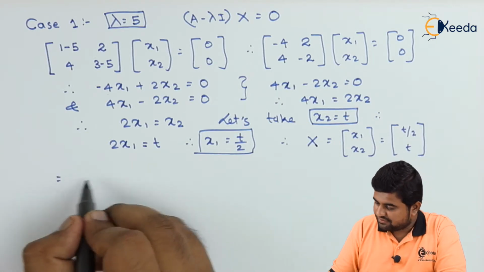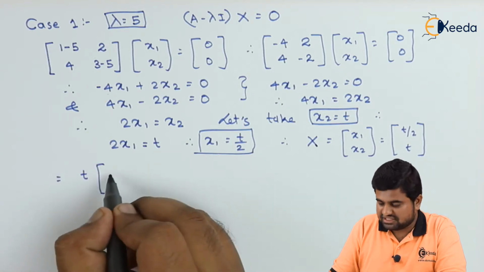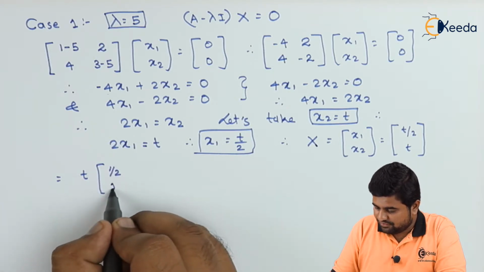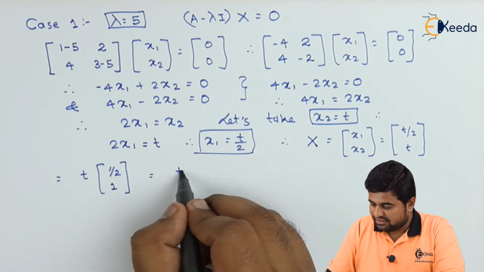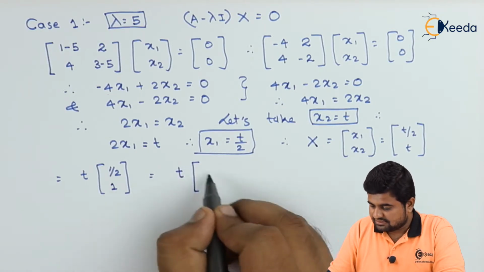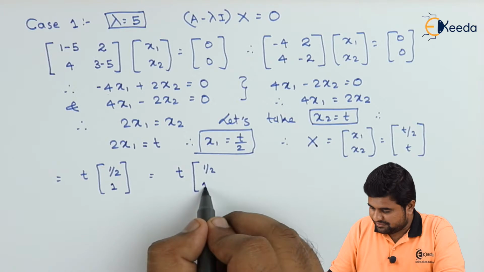Now I can have t common, which is 1 by 2 and 1. Now I can multiply this by 2, and I can have t as half into 1.